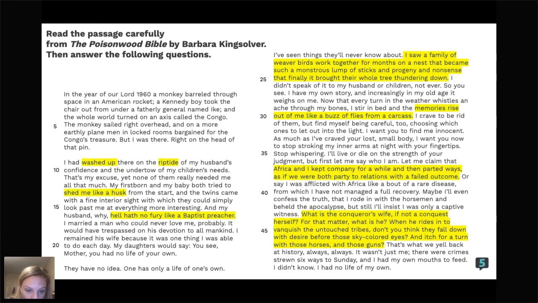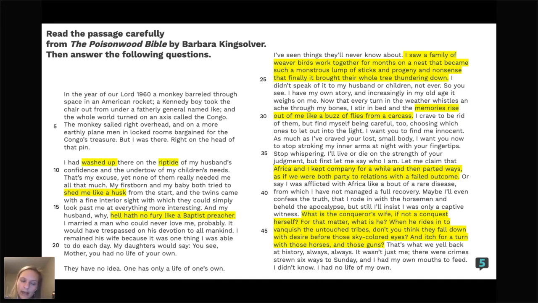Later on in the lines 37 and 38, I highlighted Africa and I kept company for a while and then parted ways as if we were both party to relations with a failed outcome.